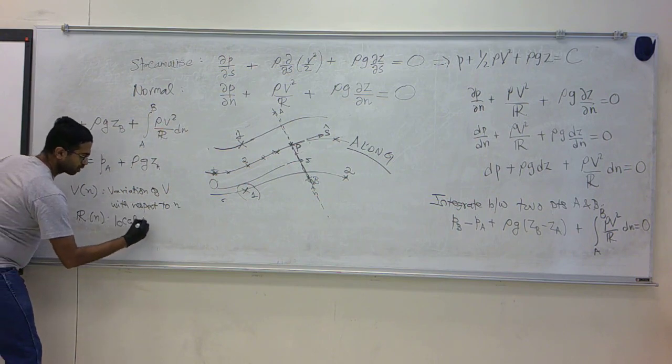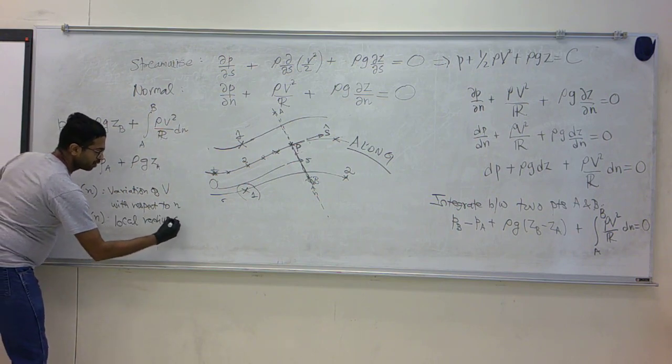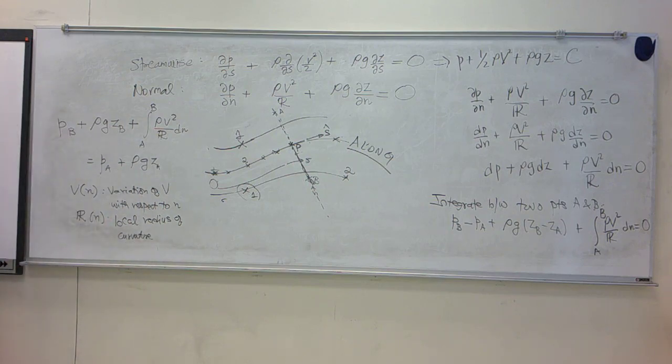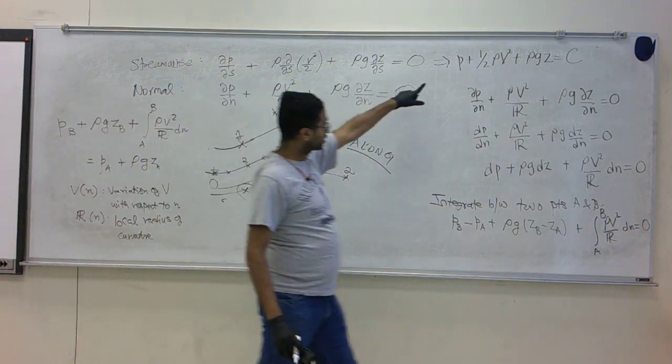Local radius of curvature. So altogether this makes the normal component a little more complicated than the streamwise component.